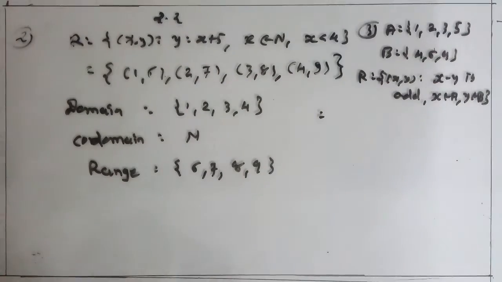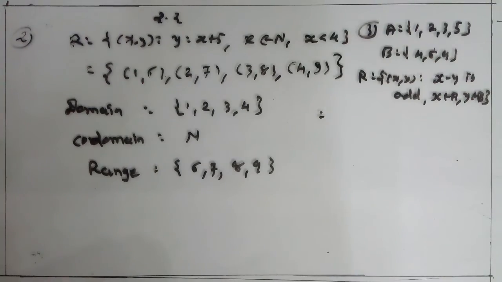Student, we know that the difference of any two numbers is odd if one number is even and the second number is odd. That is, one is odd and one is even, then the difference between these two numbers is odd.